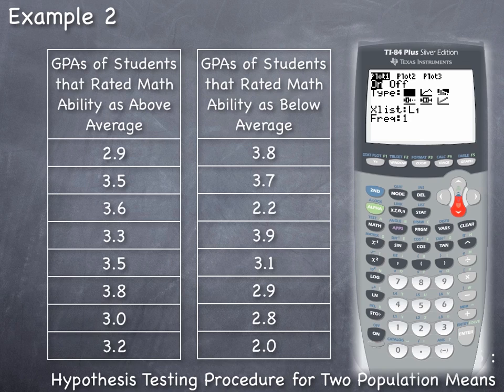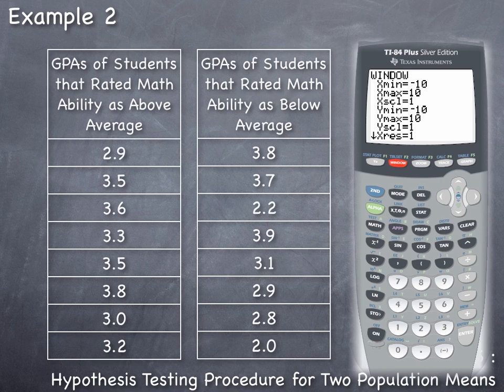The statplot is turned on, the histogram is selected, and XList, the data that contains our GPAs in the survey, was question 5. So I go second, stat, to get my list, arrow the cursor to Q5 for the GPAs, press enter to select. So now I'm going to make a histogram of these GPAs.